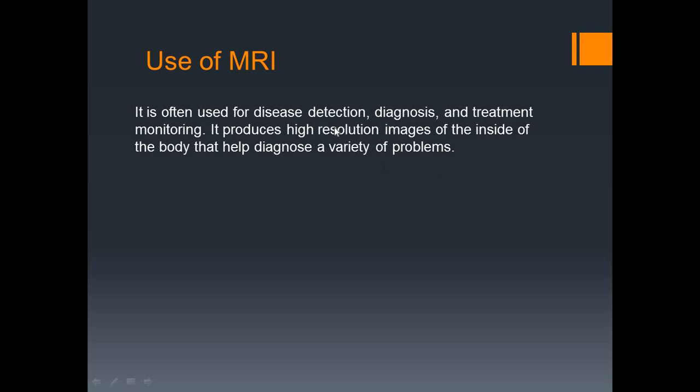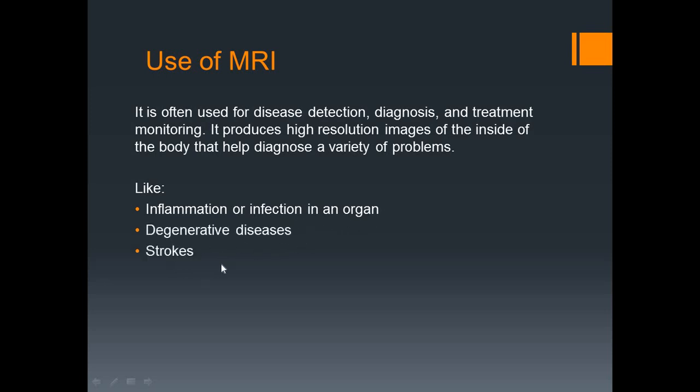So it is a device that helps to detect disease, diagnose the body, and monitor treatment, and it gives us this information via good quality images. There are problems which we can detect from MRI, like inflammation or infection in an organ, degenerative diseases, stroke, tumors, musculoskeletal disorders.